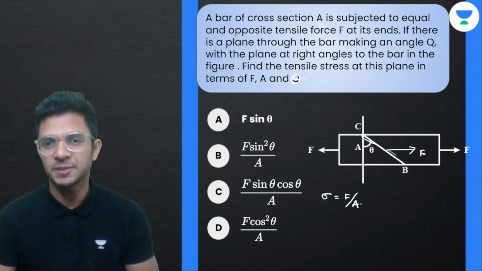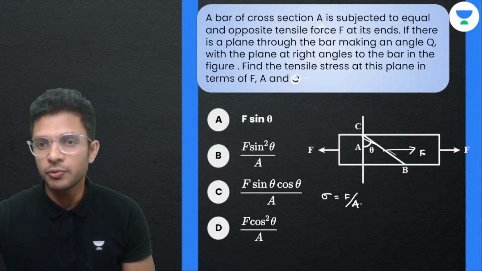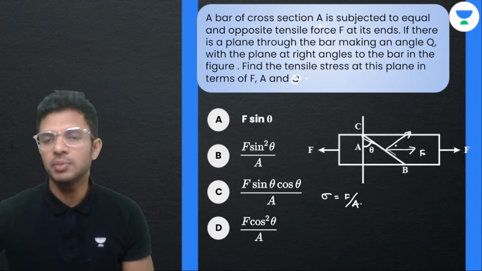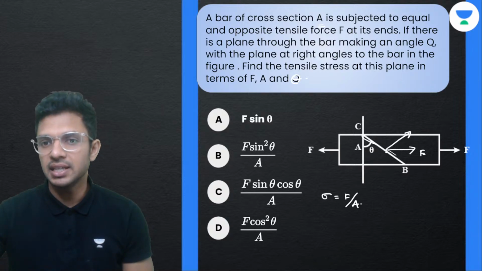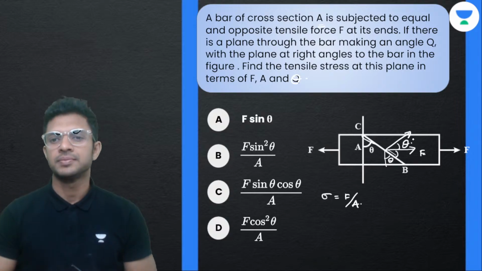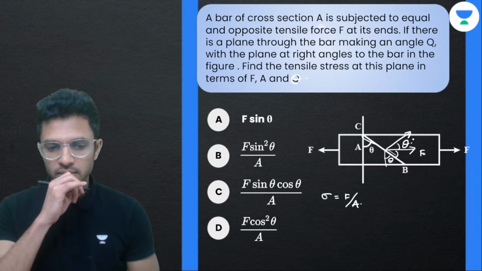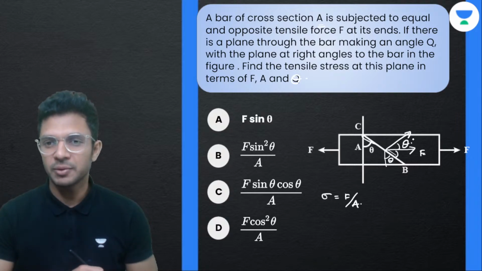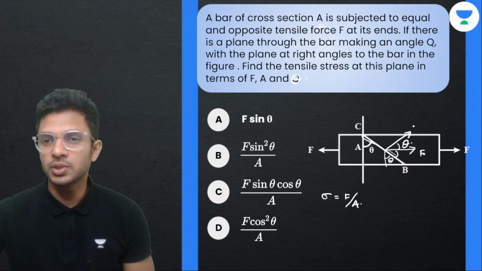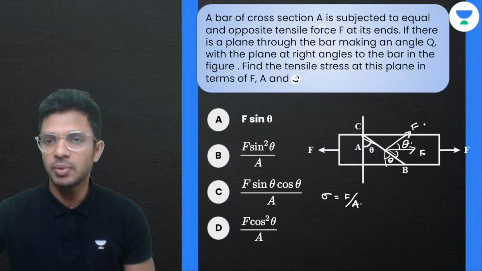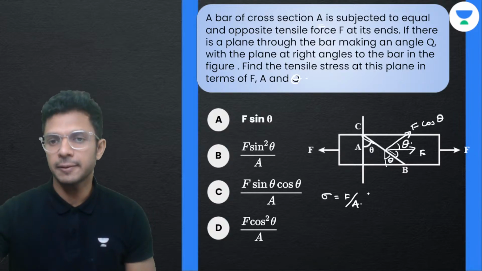So the component of force acting perpendicular to the plane will be what? This is theta. If you draw a line like this, this becomes theta, this becomes 90 minus theta, this becomes theta. So the component of force perpendicular to the plane is F cos theta.